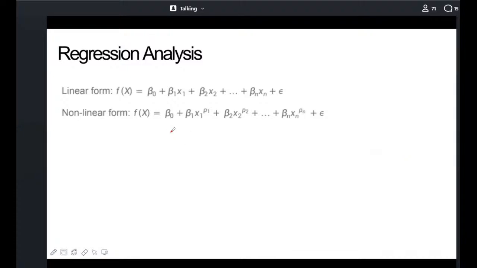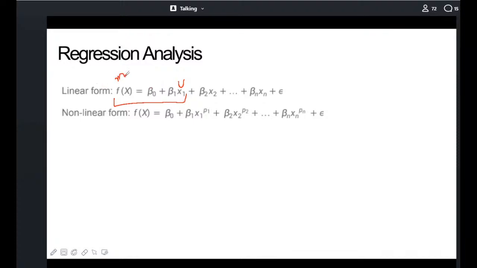Over here, let's focus on the linear form, with only one parameter, that is b1 x1. That means only one feature, like in our case the units being replaced, and y will be the prediction of the minutes.